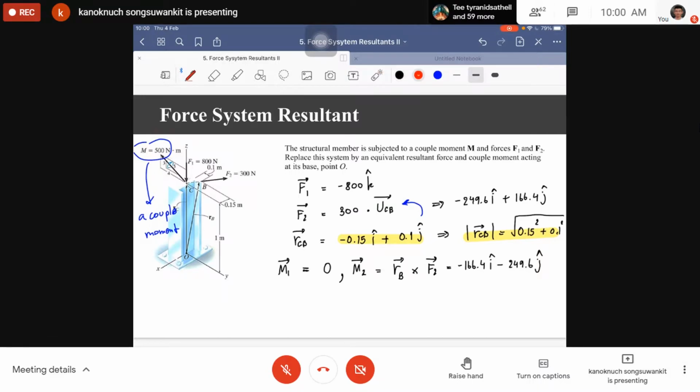Or if we just rewrite this structure, okay, it acts on the XY plane, with one angle, theta.